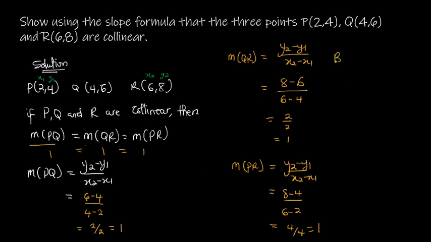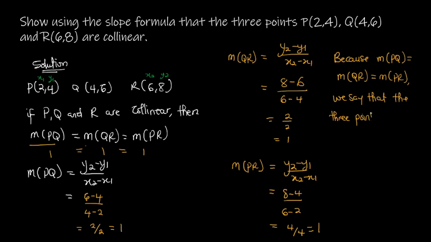So because the gradient of PQ is equal to the gradient of QR, which is equal to the gradient of PR, we say that the three points P, Q, and R are collinear.